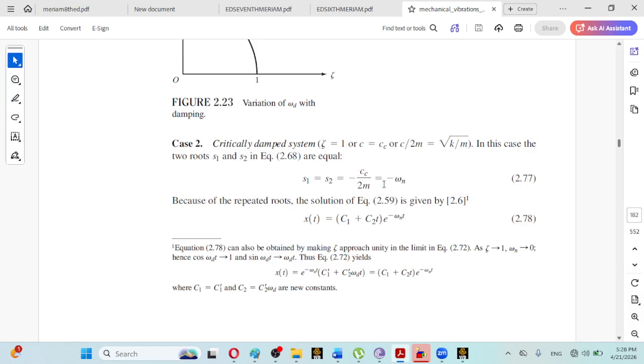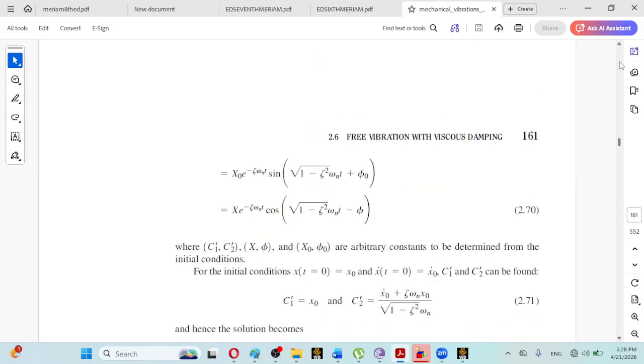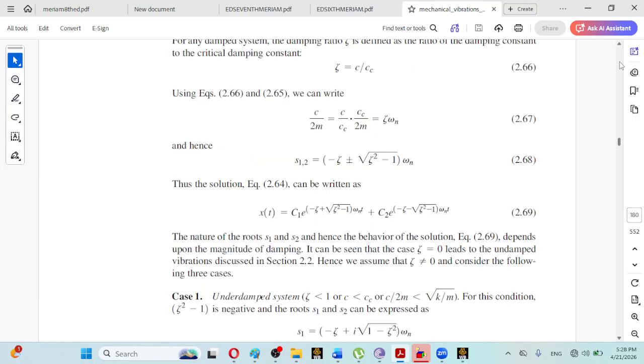So when we input these two roots, as the damping factor is 1, e power minus omega nt it will become. And here the important thing is that, again, I can explain it here. Equation 2.69 was the general equation.